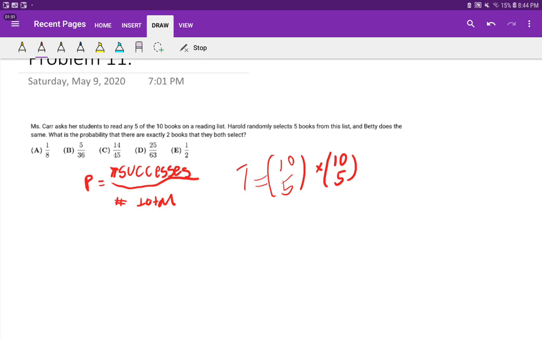So to do this, we'll take a constructive counting approach by seeing how we can create one of these success cases. So first, let there be 10 books.